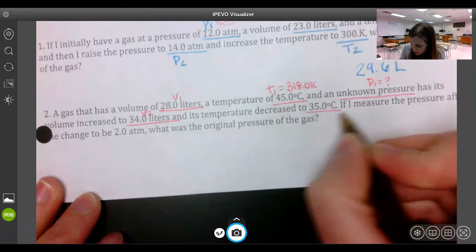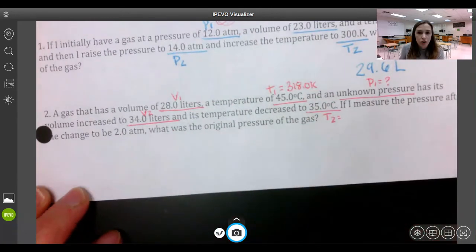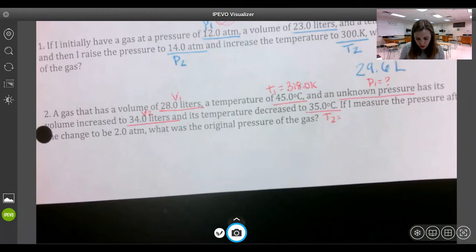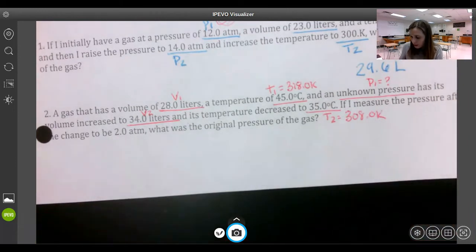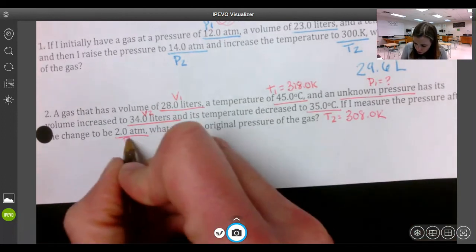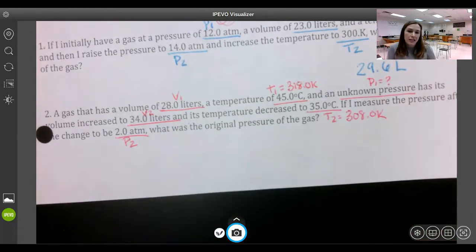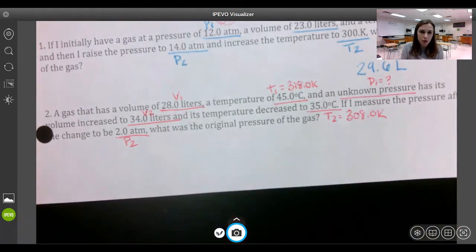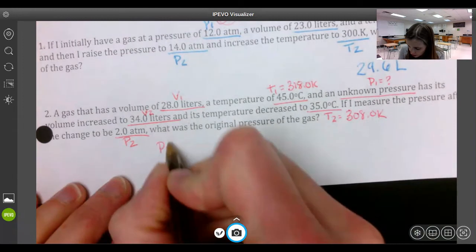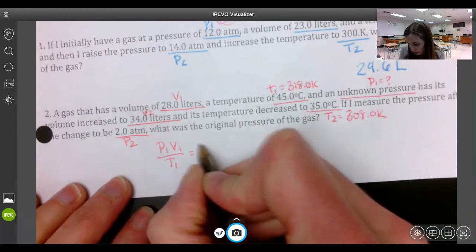Its temperature has decreased to 35, so if I do 35 plus 273, I get 308. If I measure the pressure after the change to be 2, what was that original pressure here? So again, I have pressure, volume, and temperature all getting affected. So I'm going to use that combined gas law with all 3.